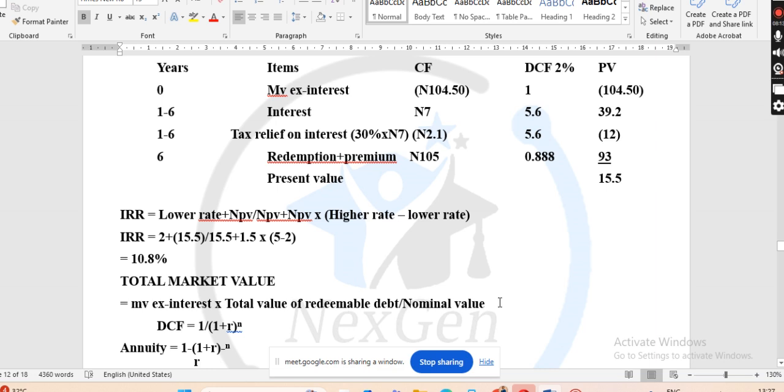And the nominal value is 100 divided by the what? The nominal value. You can see.